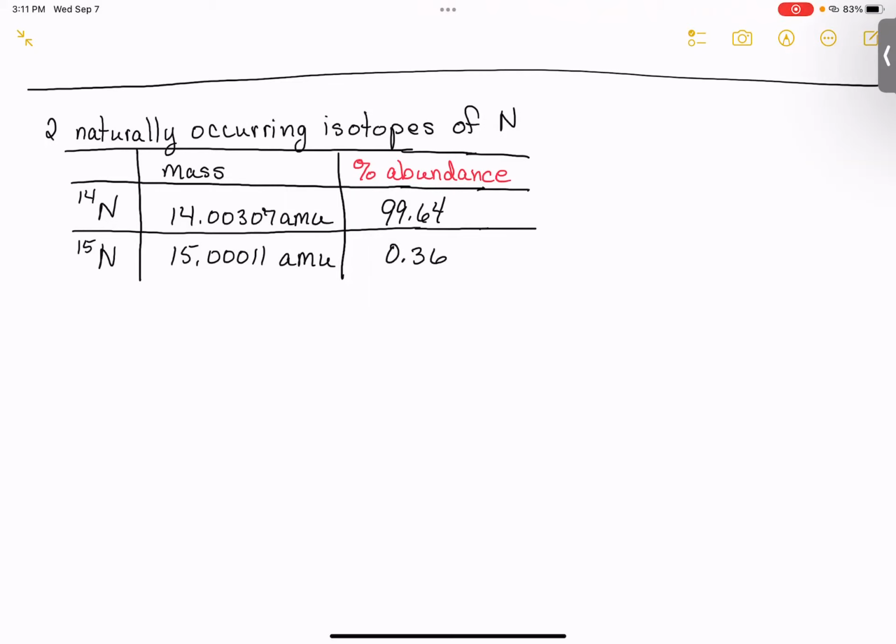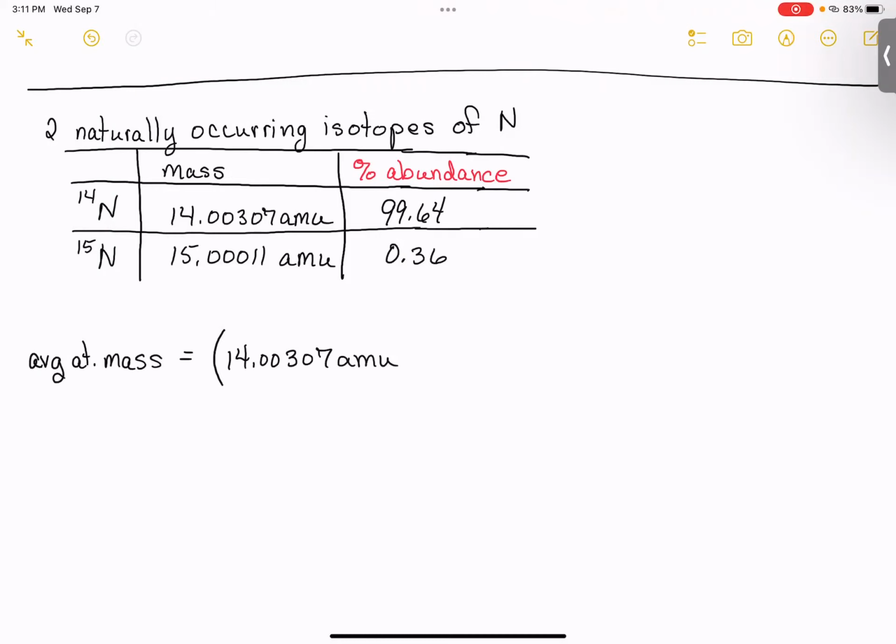Now, we apply our formula to this calculation. To get the average atomic mass, it is going to be equal to the mass of the first one times its abundance. Now, here is something you need to note.